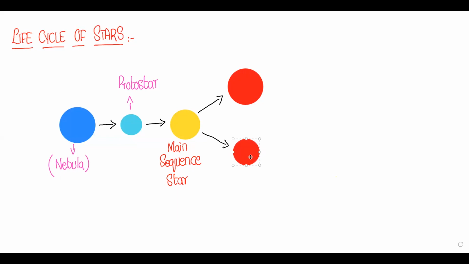So there are two categories of red star. The first one is the red supergiant star, because it is greater in size compared to the red giant, and the second is known as the red giant star.